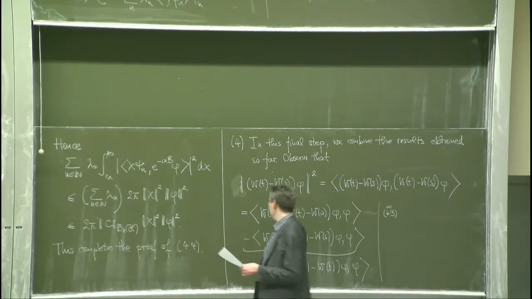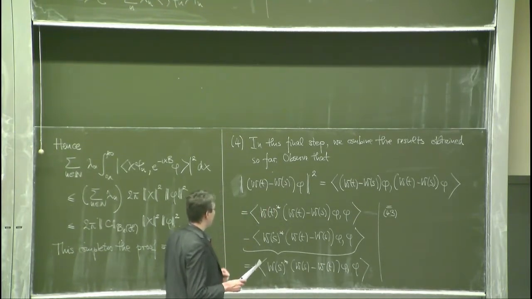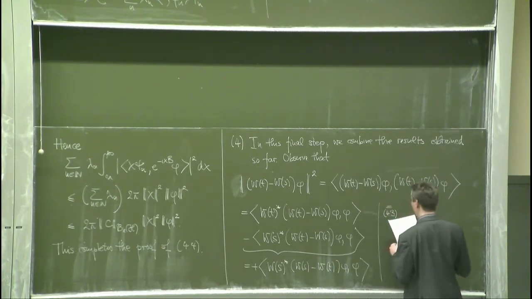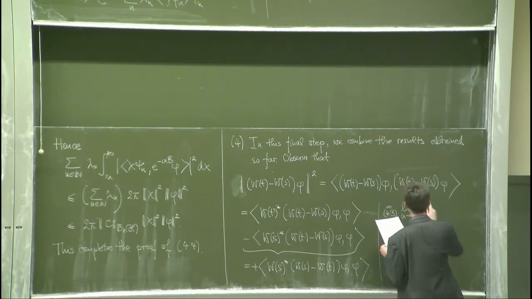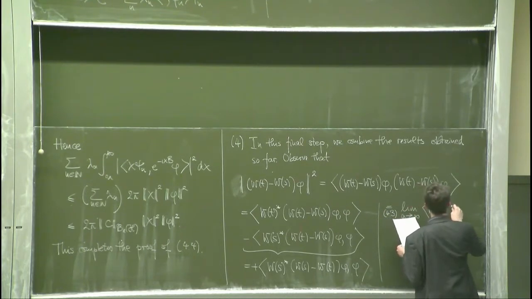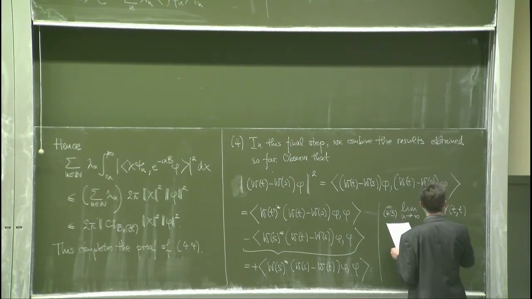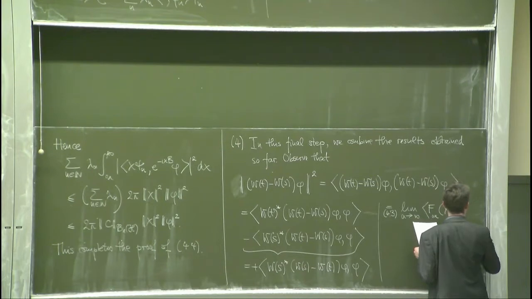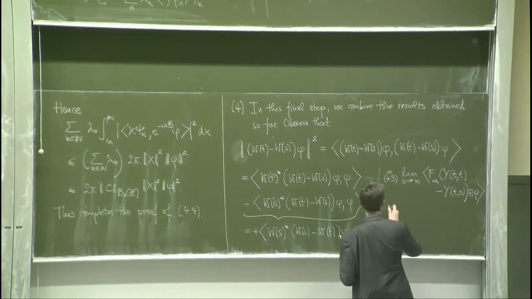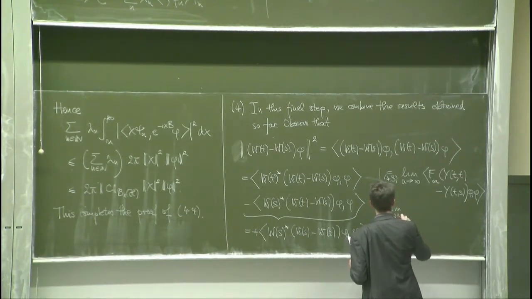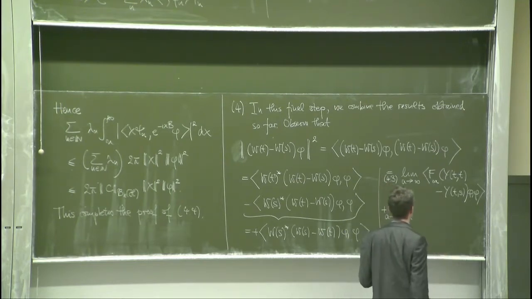You might recall that we had an expression for terms of this involving this capital F, and this is then equal to the limit a to infinity, scalar product f of 0 and a, y of t and t minus y of t and s, phi, in the scalar product with phi for the first term, plus limit a to infinity, and now the same with s replaced by t.